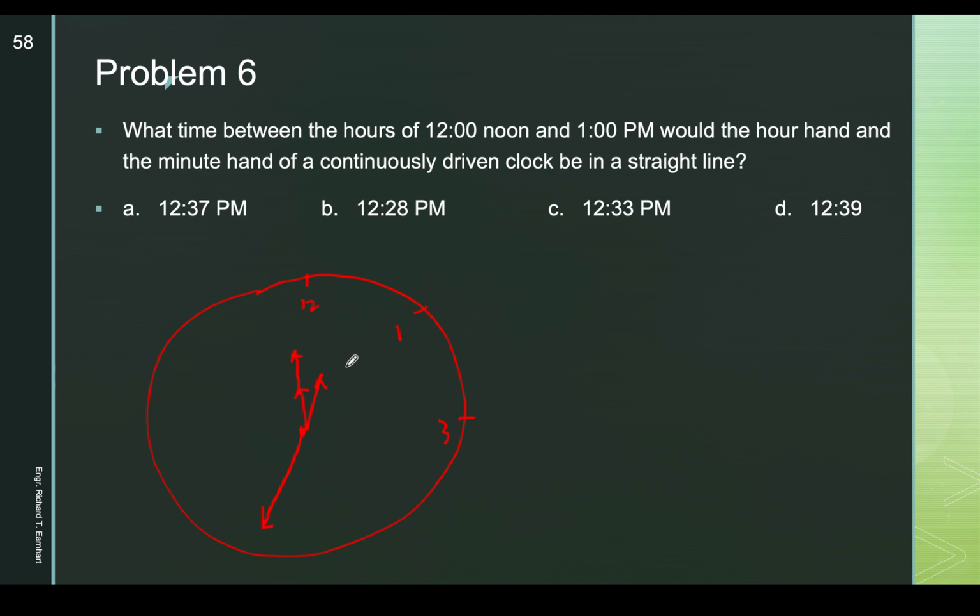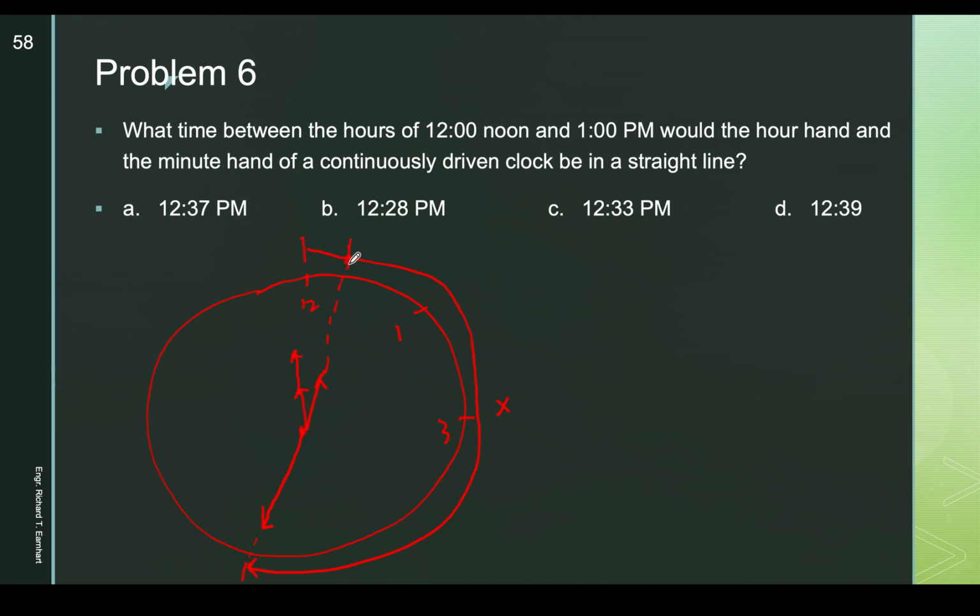So from here to here, if this is the final position of your minute hand, let this be x minutes, the movement of the minute hand, and the movement of the hour hand rather, so this one.